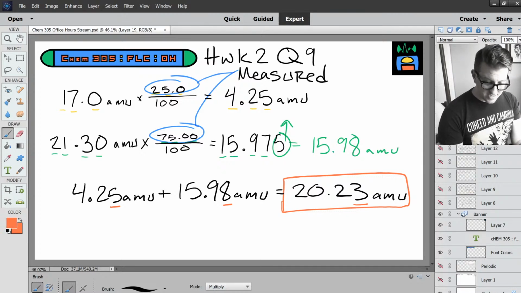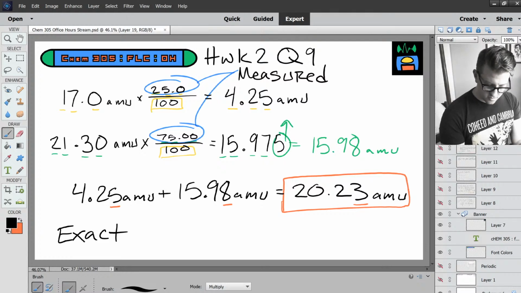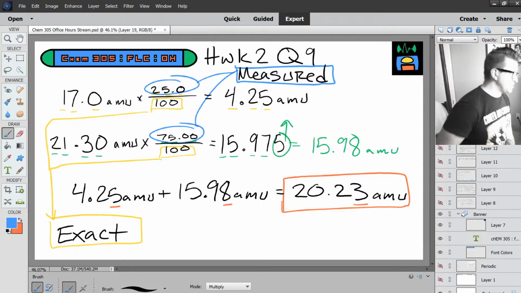What's exact are these. The denominators are exact. But those numerators are measured.